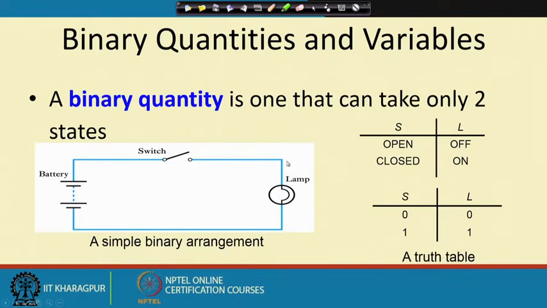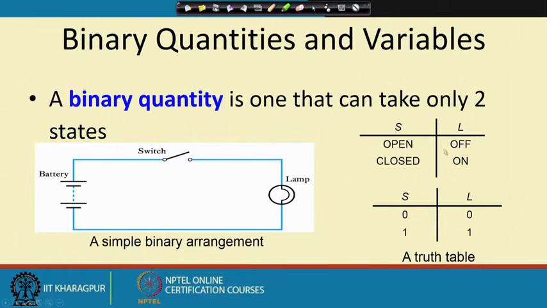So S and L, that is switch and lamp, are both binary quantities or binary variables. You can represent them in the form of a truth table, where open is represented by 0 and closed by 1 for the switch, so the switch can be at state 0 or state 1.